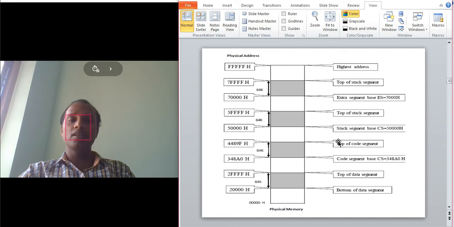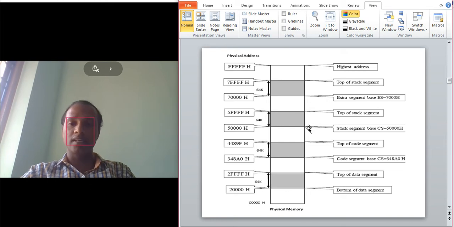This is the total physical memory of 8086. This is a 1 MB memory organization, right? Now for physical address calculation: generally, all the registers in 8086 are 16 bits, but the physical memory address is 20 bits. So how do we convert that 16-bit address into a 20-bit address?